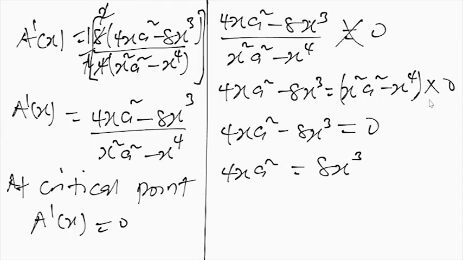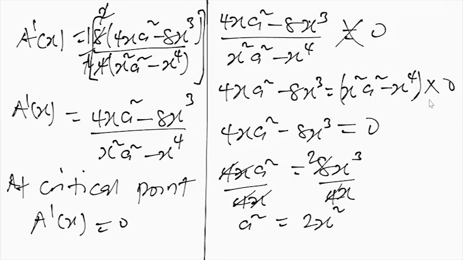Divide both sides by 4x. This 4 will cancel this 4, this x will cancel this x. Then we have a squared equals, this 4 will divide and be left with 2, and this x will cancel one of these x. So we have a squared equals 2x squared.